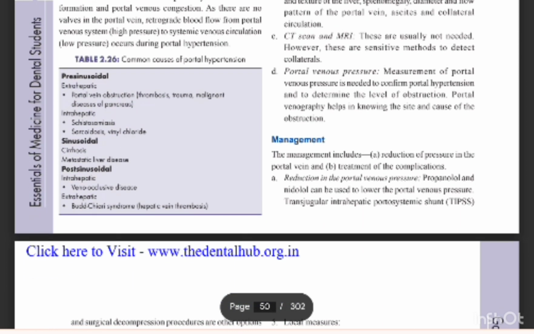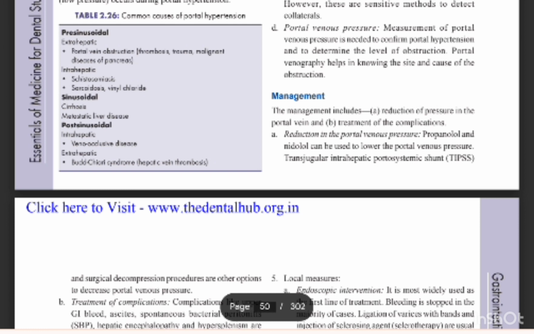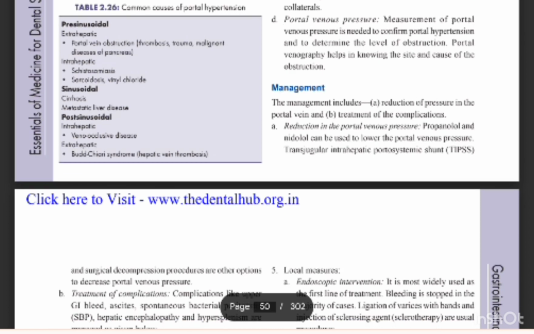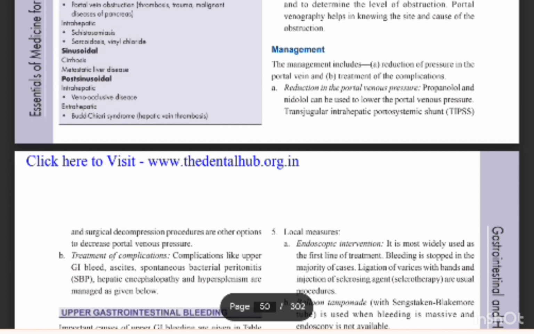Now, management includes reduction of pressure in the portal vein and treatment of the complications. How can you reduce the portal venous pressure? If you want to reduce pressure, you need beta blockers, so propranolol and nadolol can be used to lower the portal venous pressure.